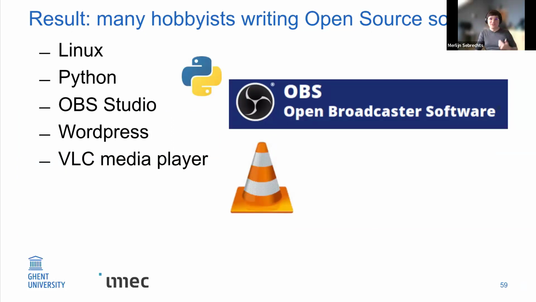Same with Python, same with OBS Studio, WordPress, VLC Media Player. These are all pieces of open source software that first started as somebody's hobby and then often became professional pieces of software, but even as professional pieces of software, there's still a lot of hobbyists developing and contributing to that open source software.